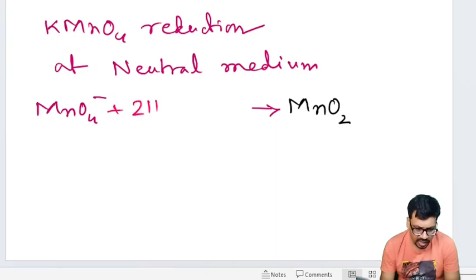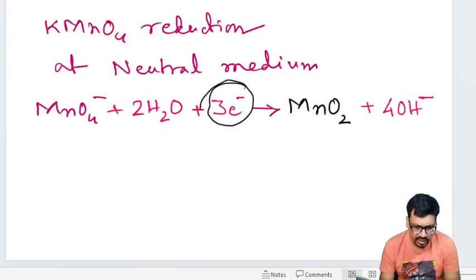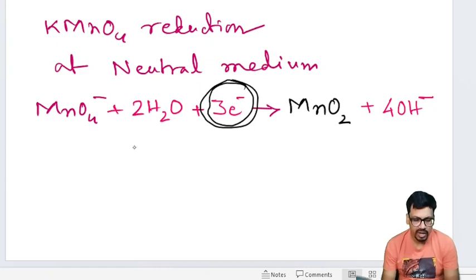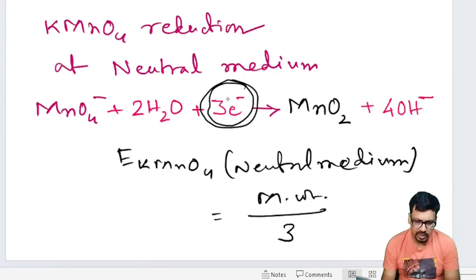After balancing the reaction, we get it just like that, and there are 4 OH minus. So in this process, we can see that 3 electrons are transferred. So the equivalent weight of KMnO4 in neutral medium is the molecular weight of KMnO4 divided by 3, because here the number of electrons transferred is 3.